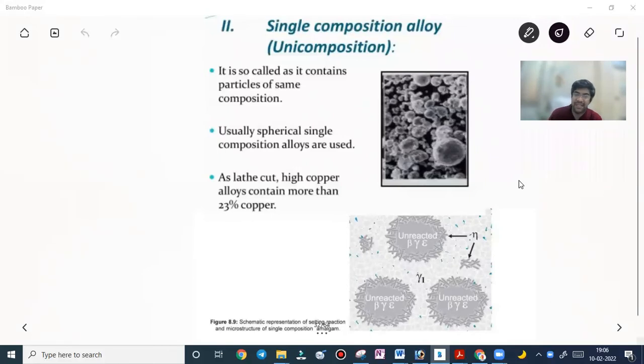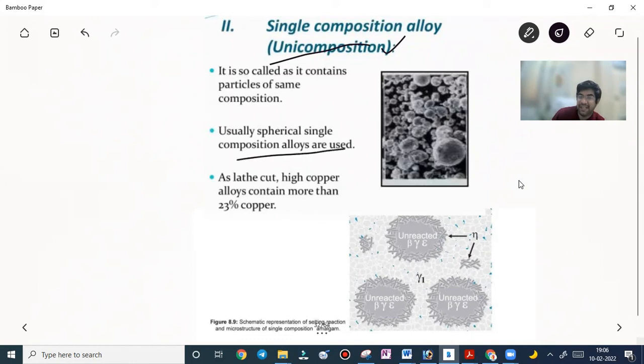Next come the single composition alloys, that is the unicomposition. Why are they known as unicomposition? Because they contain particles of the same composition. Usually spherical single composition alloys are used. So these are the high copper amalgam alloys.